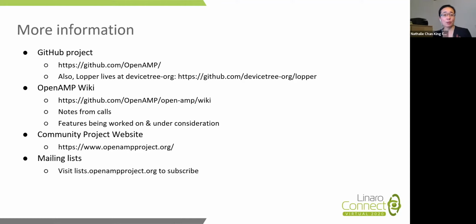The OpenAMP Wiki is where we have some working documents and also notes from the calls we try to post there. And there's some information about what is being worked on and what features are under consideration. We've got a community project website that you can check out. And most importantly, we have the mailing lists. So if you're interested in joining the calls, please do subscribe.